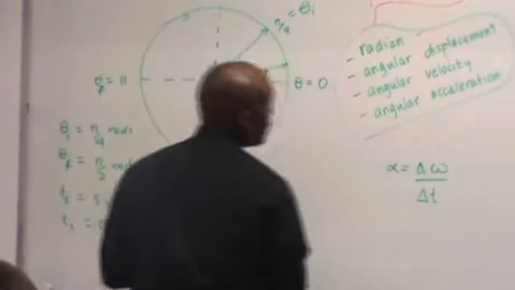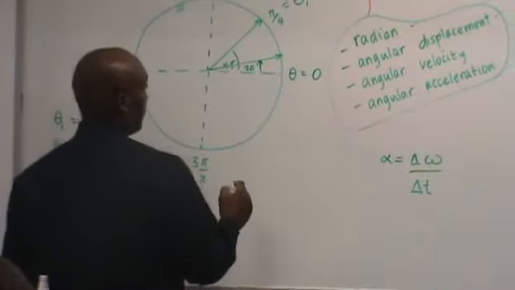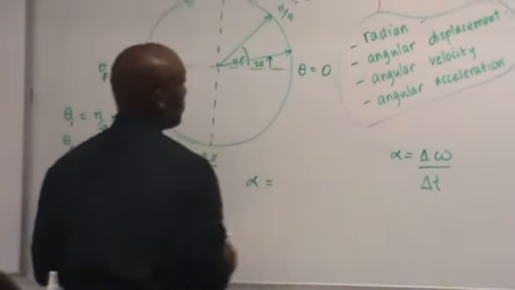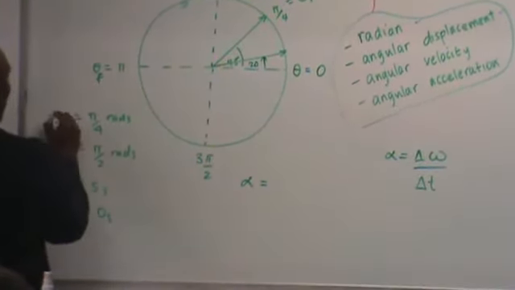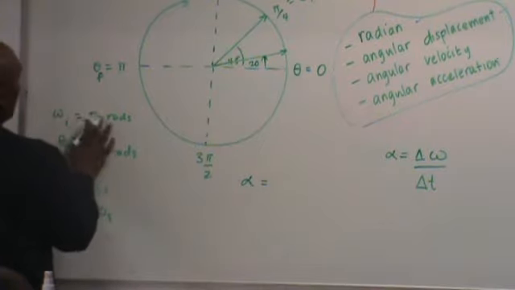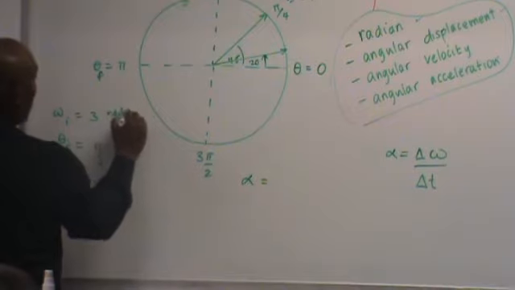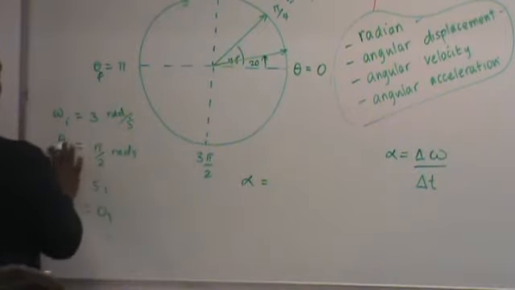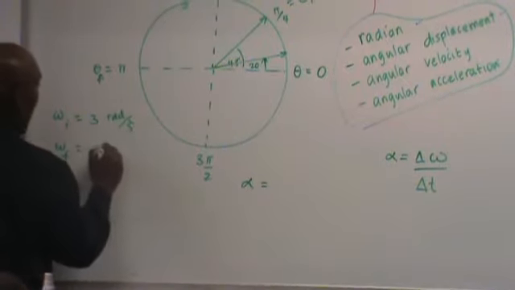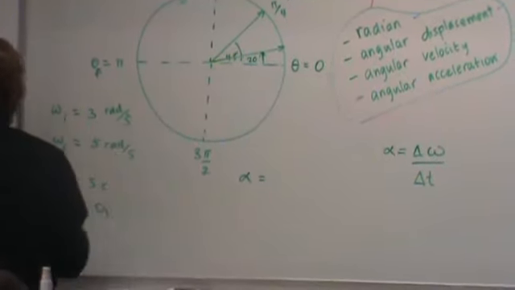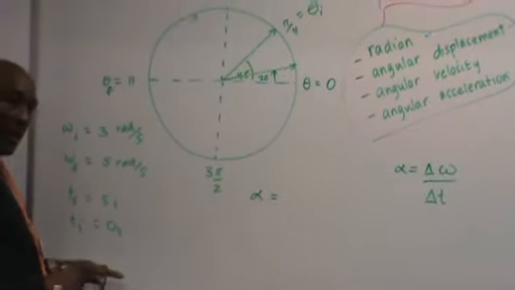And so, let's do an example. Let's say our initial angular velocity is 3 radians per second, and our final angular velocity is 5 radians per second, and our times remain the same.